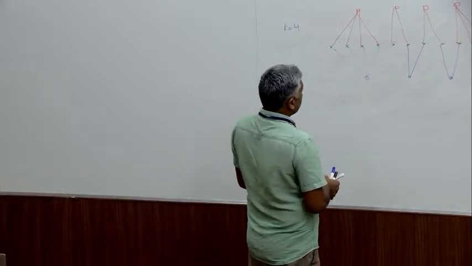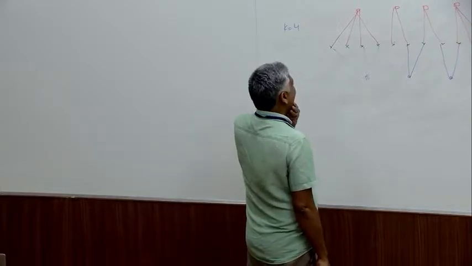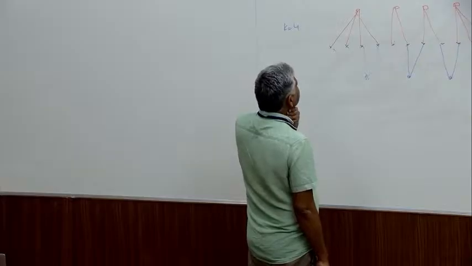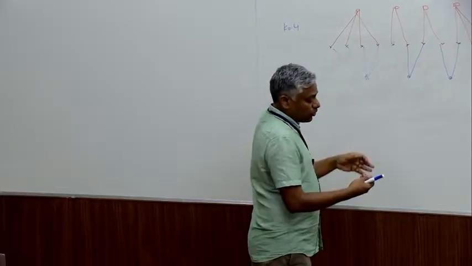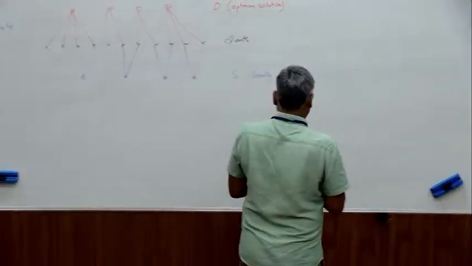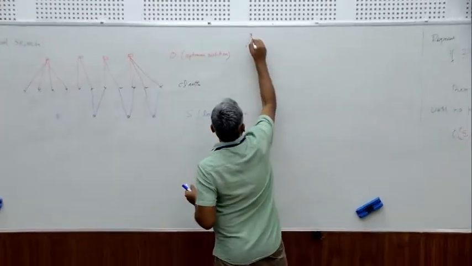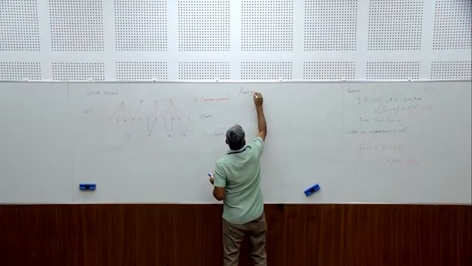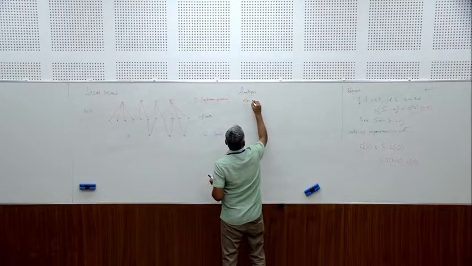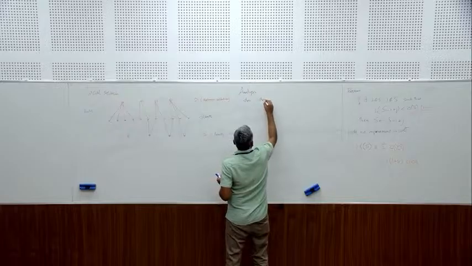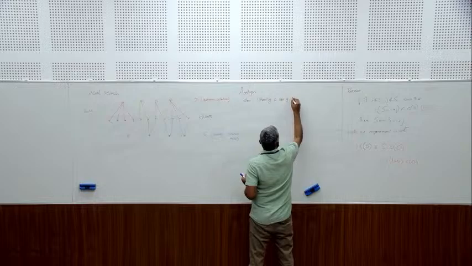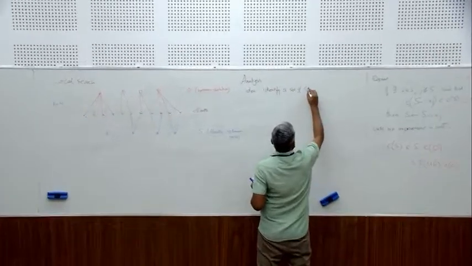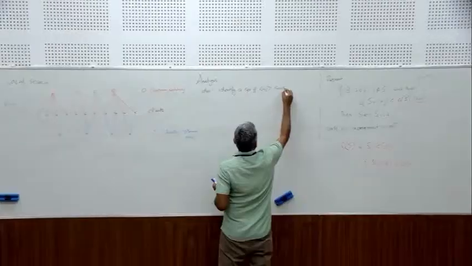Okay, so what I'm going to think of is that I shut one of these facilities. So I'm going to identify certain swaps. So, analysis idea: identify a set of (i, j) swaps.